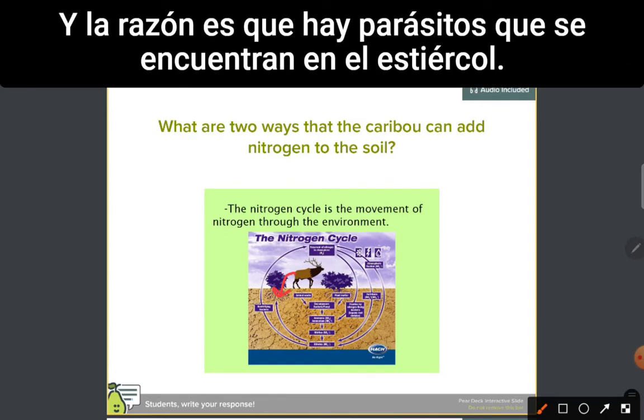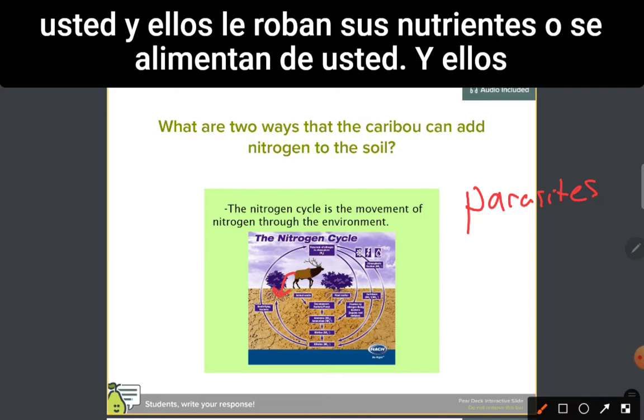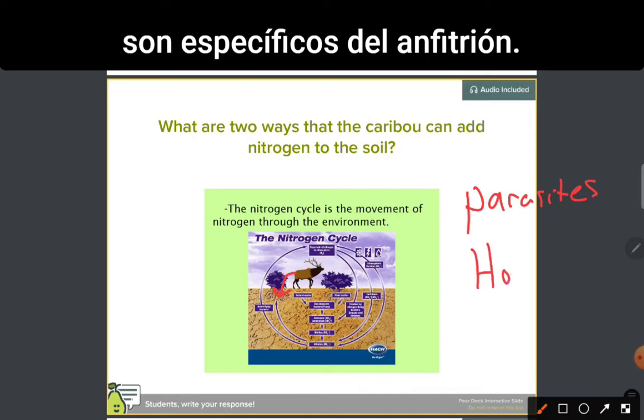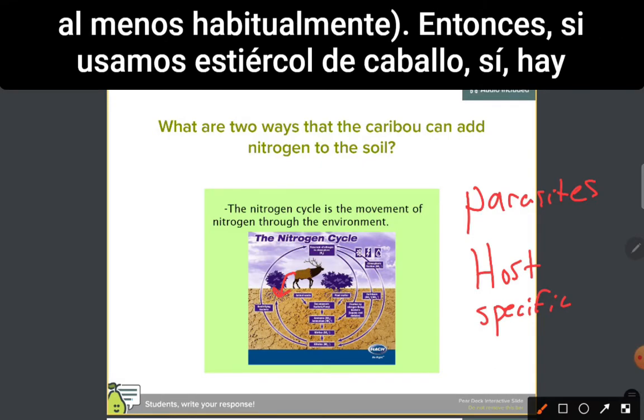And the reason for that is there are parasites found in manure. Parasites are living things, and they live inside of you, and they steal your nutrients or feed on you, and they usually cause you to be ill, right? But here's the thing. They are host specific, meaning they only infect their intended host, or at least usually.